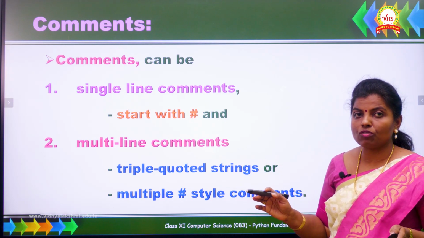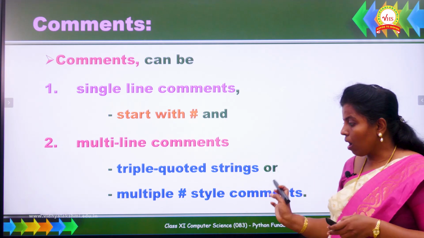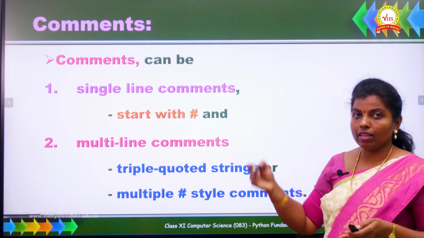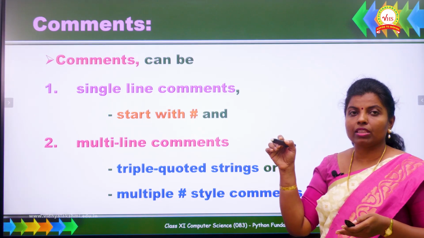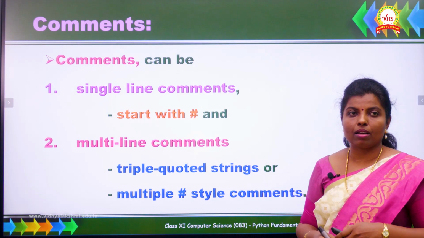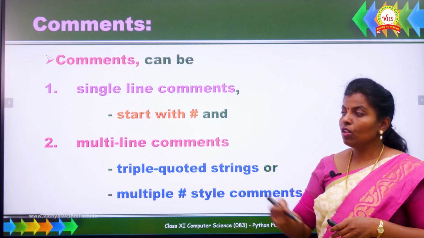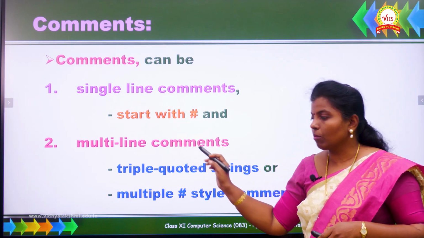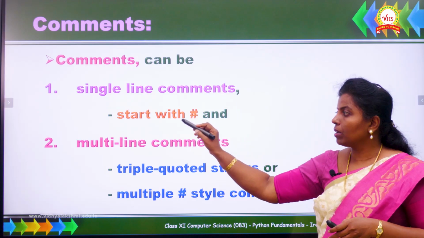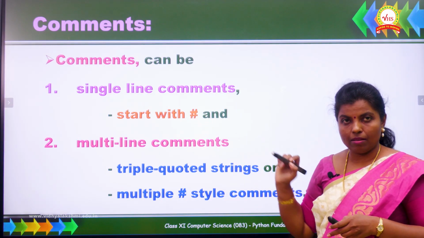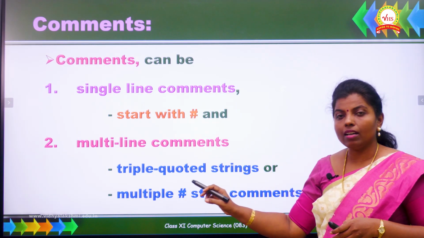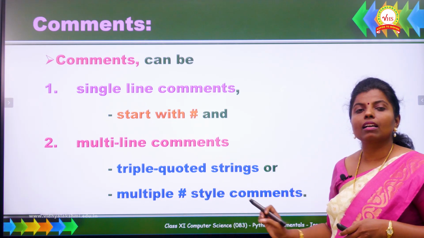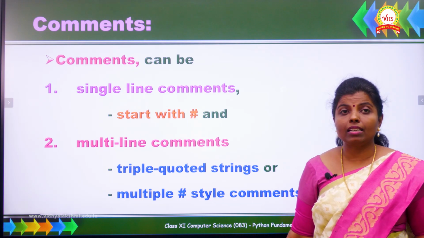The triple quoted strings are referred to as multi-line comments or multiple hash style comments. So we have two types of comments: single line comments, which begin with the hash symbol, and multi-line comments, which are triple quoted strings.